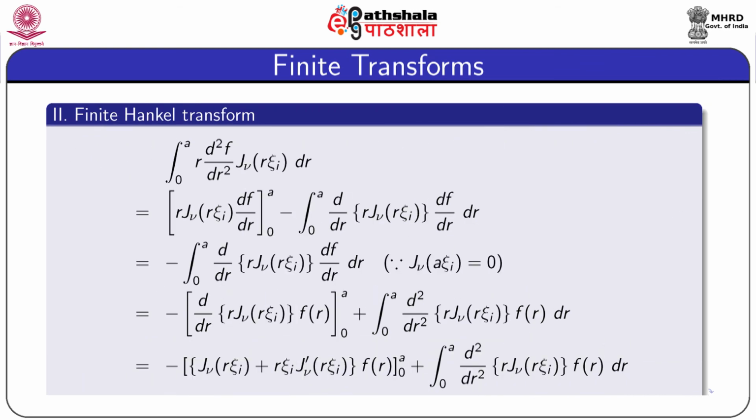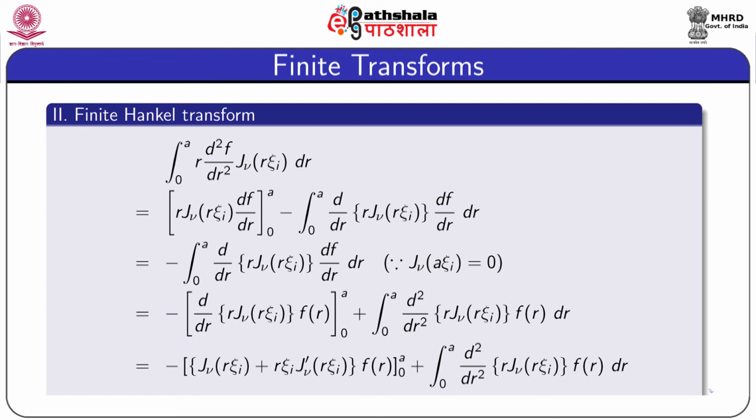First, we are computing the integral of the first term, that is, the integral from 0 to a of r d2f by dr squared J_nu dr. Here we are applying integration by parts, taking d2f by dr squared as the second function. So, we obtain the second line, and in this expression the term in the square bracket is 0.